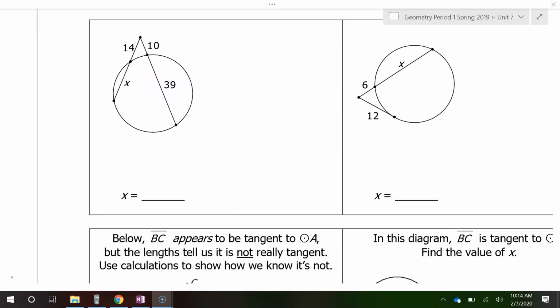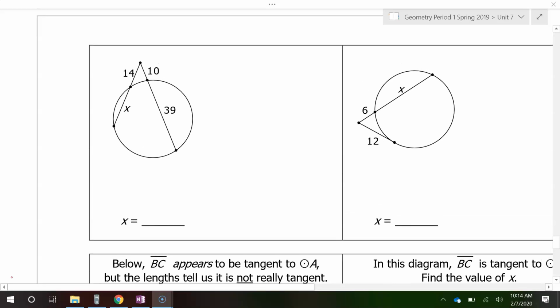All right, so let's start with which formula applies to this situation. Correct, right? When you're outside the circle and we're talking about segments, it's the one that goes part times whole equals part times whole.